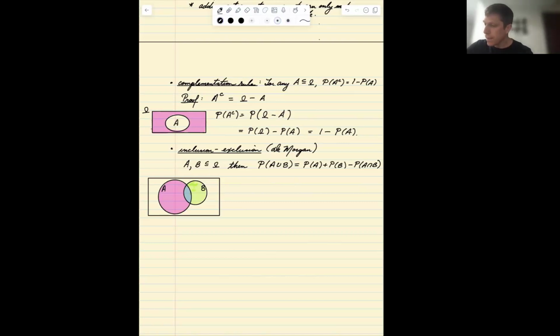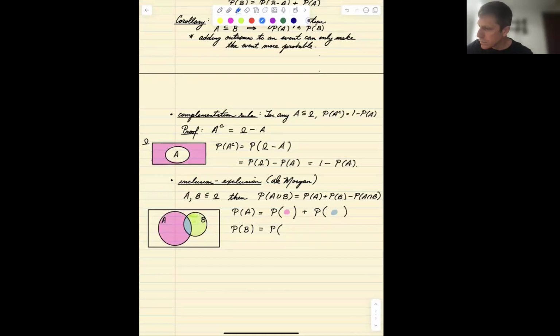So think about it. The probability of A, in terms of colors, is the probability of the pink region plus the probability of the blue region. The probability of B is the probability of the green region plus the probability of the blue region.